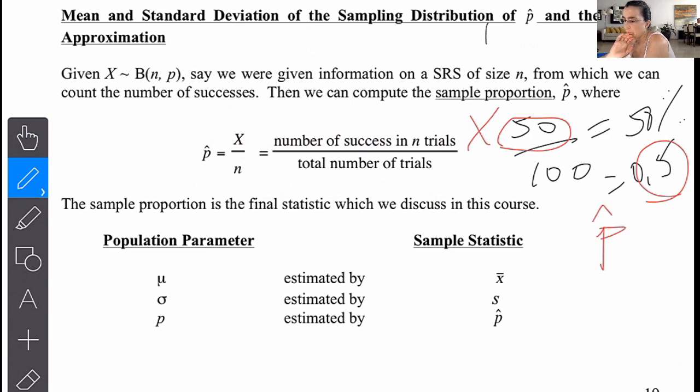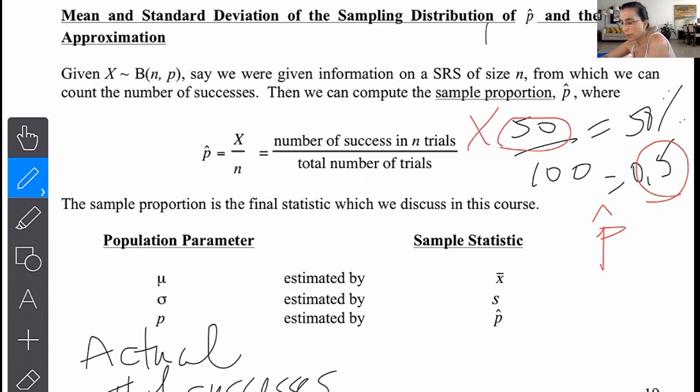All right, now let's put it all in perspective for you. Let's say the population parameter was the actual number of successes.